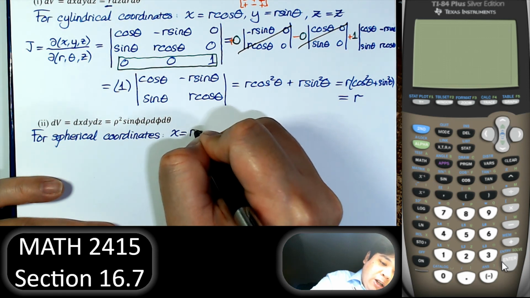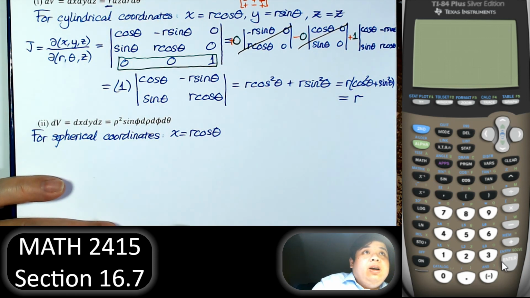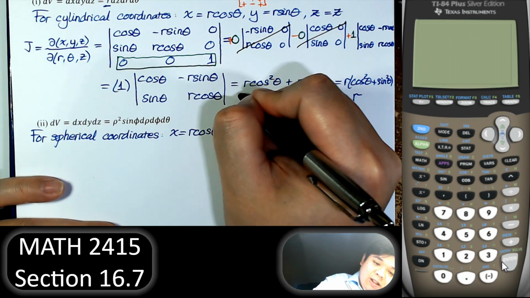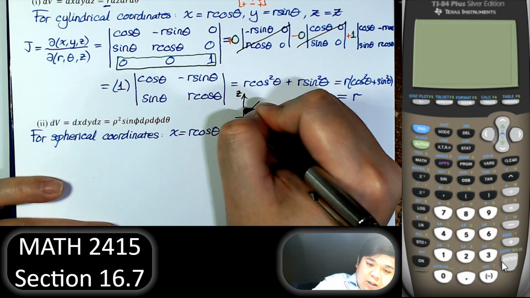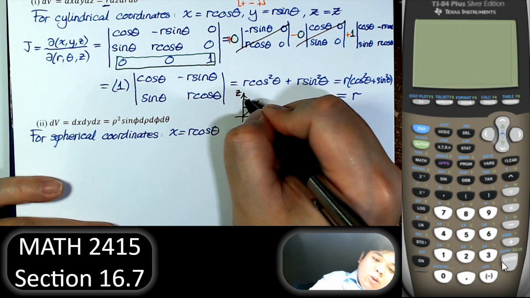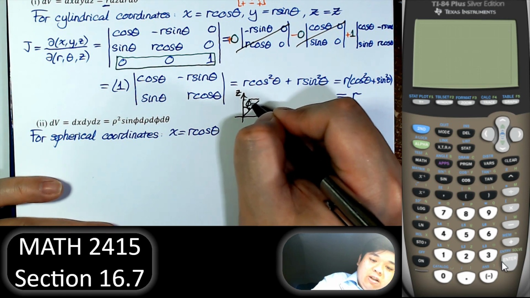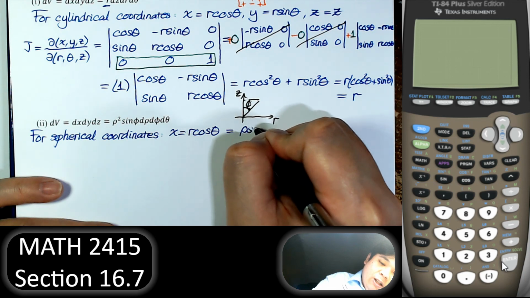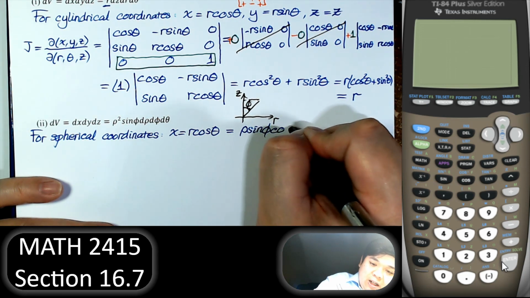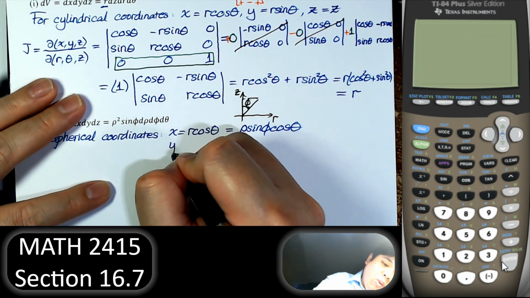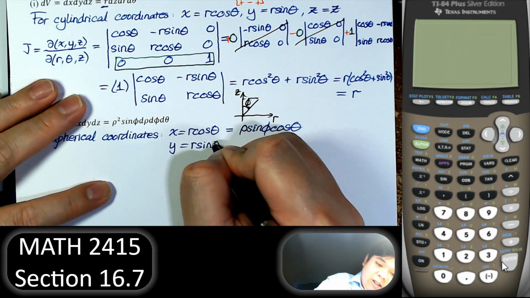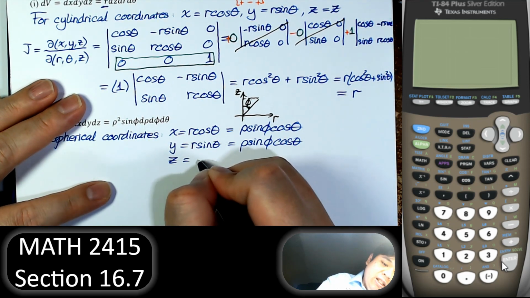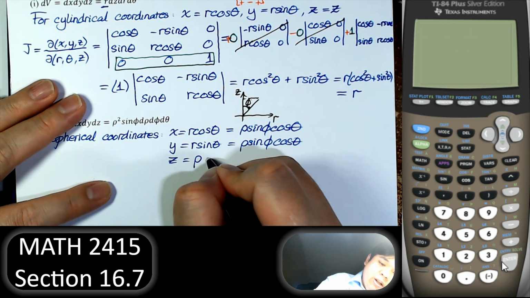Right, x equals r cosine theta in cylindrical, but we have an extra angle. So r is equal to the side opposite the phi angle, that is rho sine phi. So x equals rho sine phi cosine theta. y equals r sine theta, so rho sine phi sine theta. z is adjacent to it, so rho cosine phi.